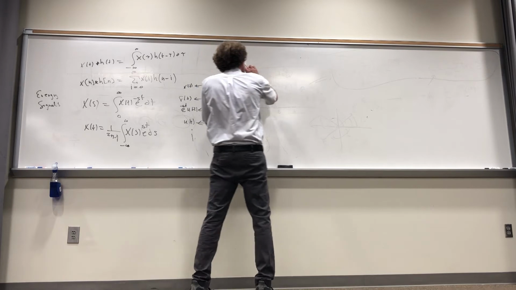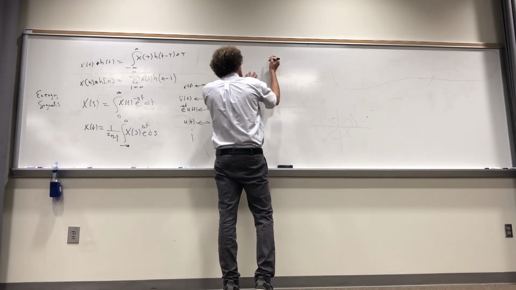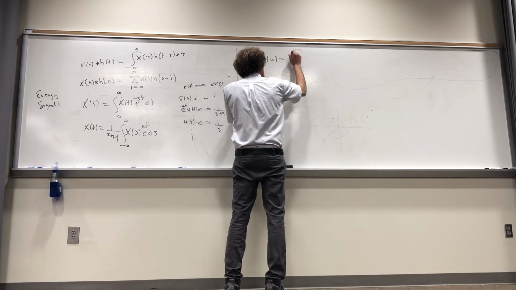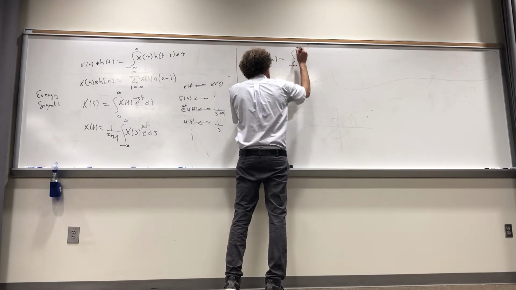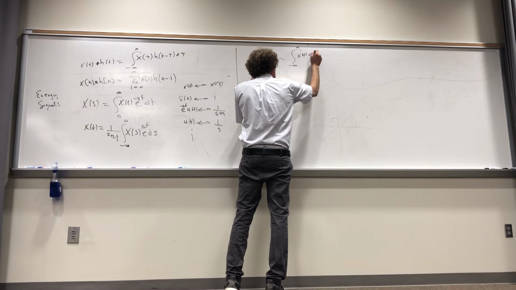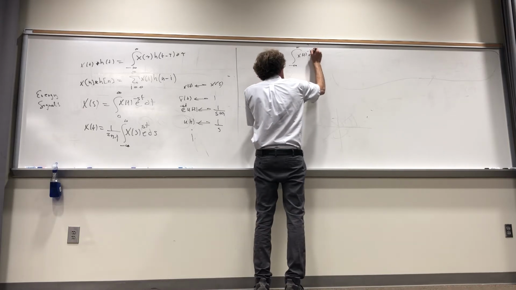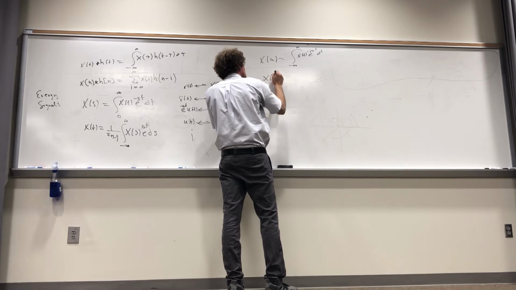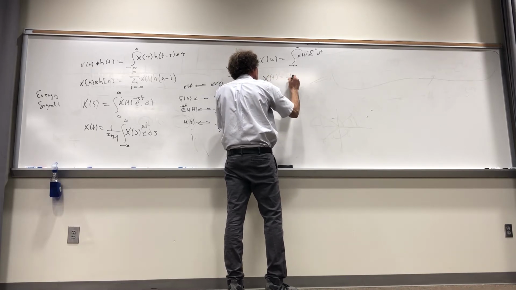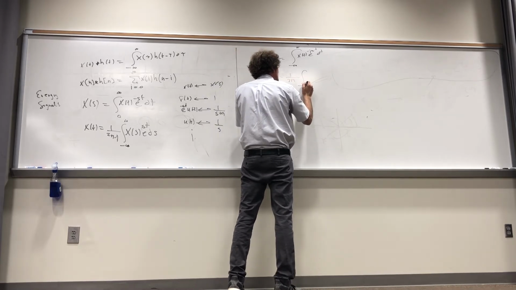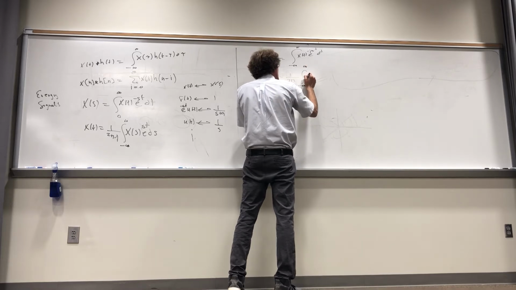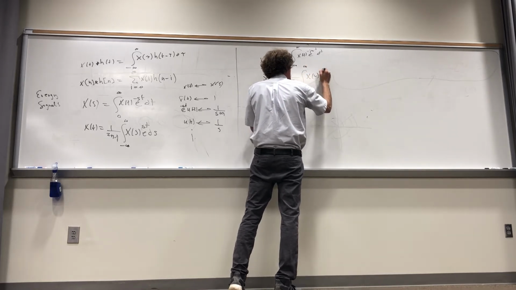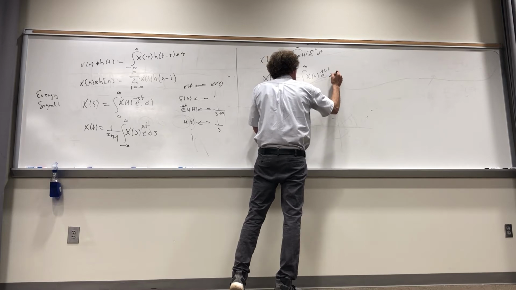After that, we went to Fourier transforms, and we found that x of omega was equal to the integral from minus infinity to infinity of x of t times e to the minus j omega t dt, and x of t was equal to 1 over 2 pi, the integral from minus infinity to infinity of x of omega times e to the j omega t d omega.